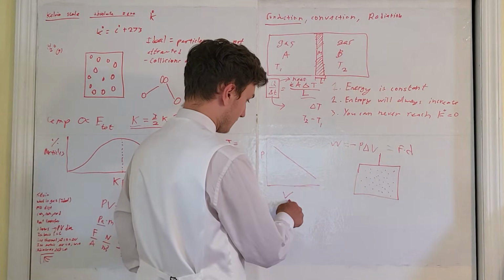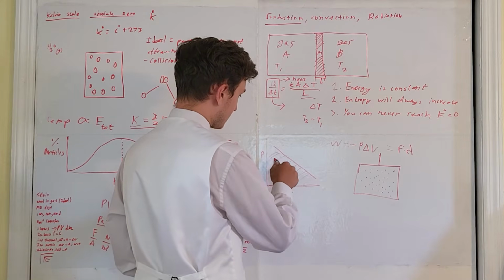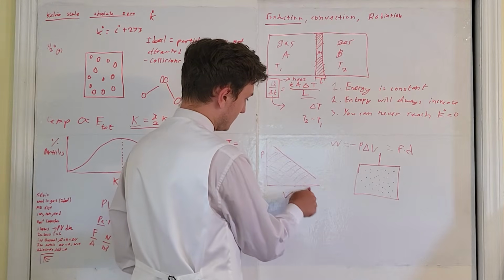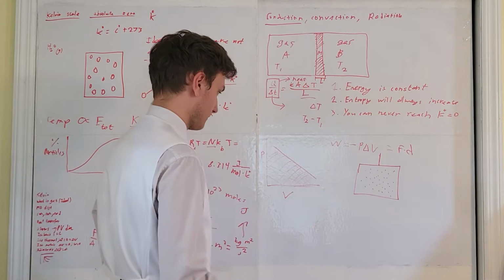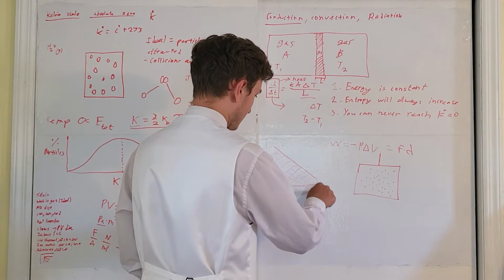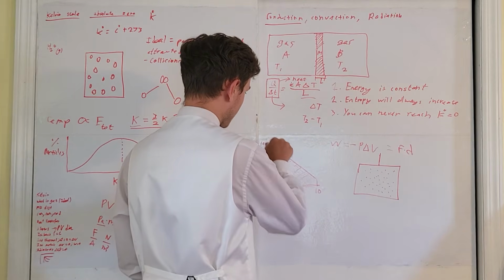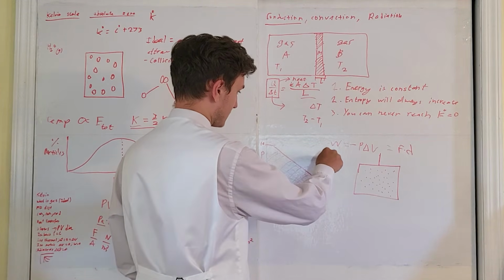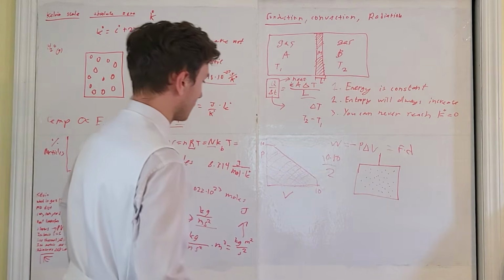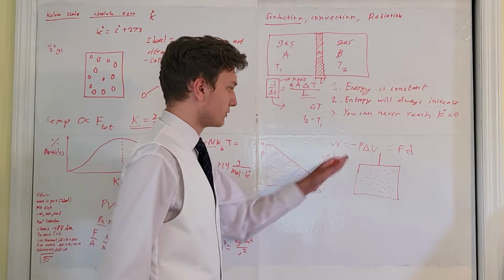So multiplying volume times pressure gives me the area under the curve. Therefore the work done in this example would be, if this was a volume of 10 and this was a pressure of 10, the work done on the system in this case would be 10 times 10 over 2, which would be the area of this triangle. Okay? That's how we use the PV diagram to determine work.